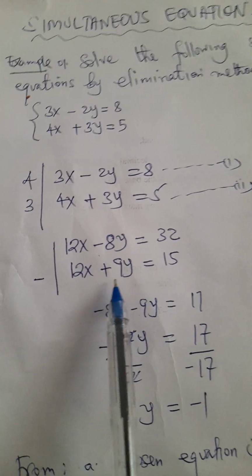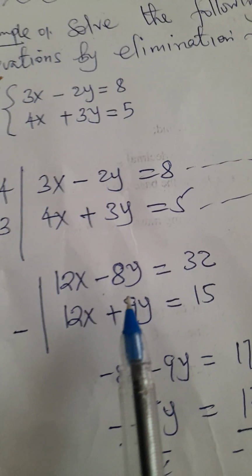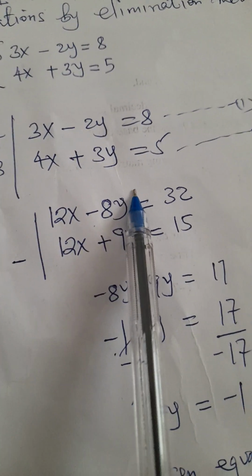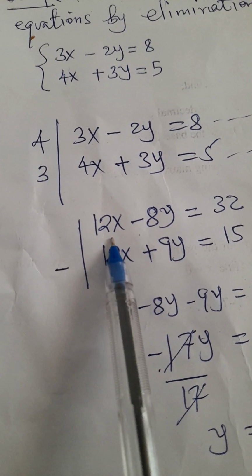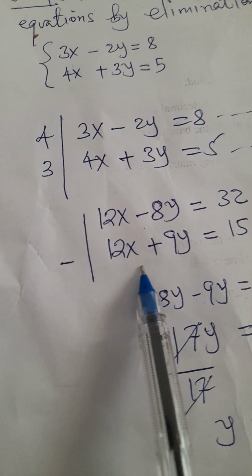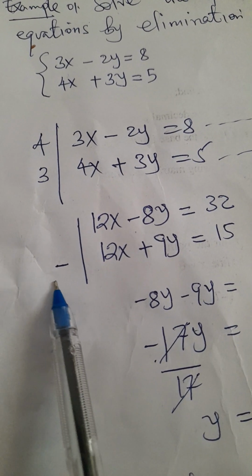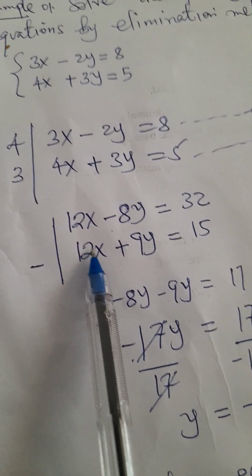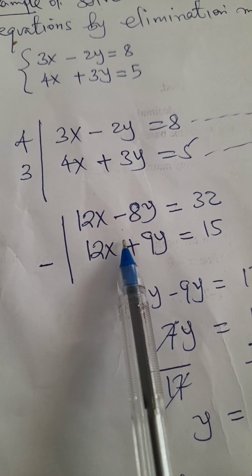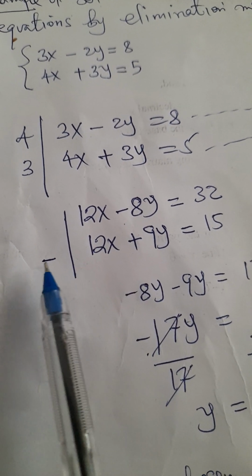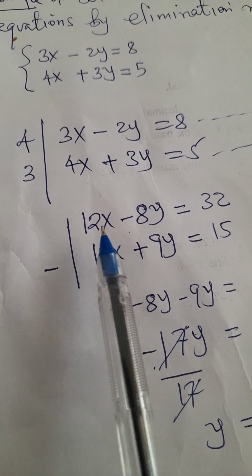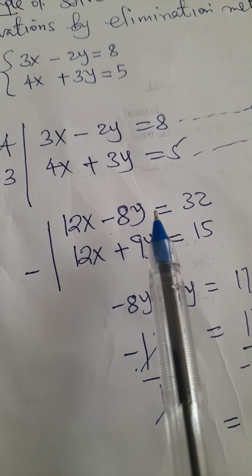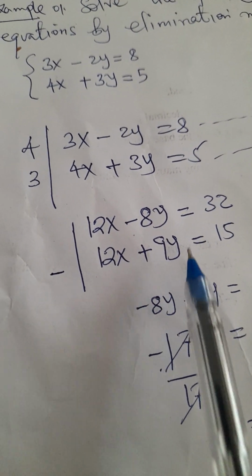Now after obtaining equal coefficients of x, we have a chance to eliminate these terms, 12x and 12x. So we put a minus, and this operation affects every term in both equations.